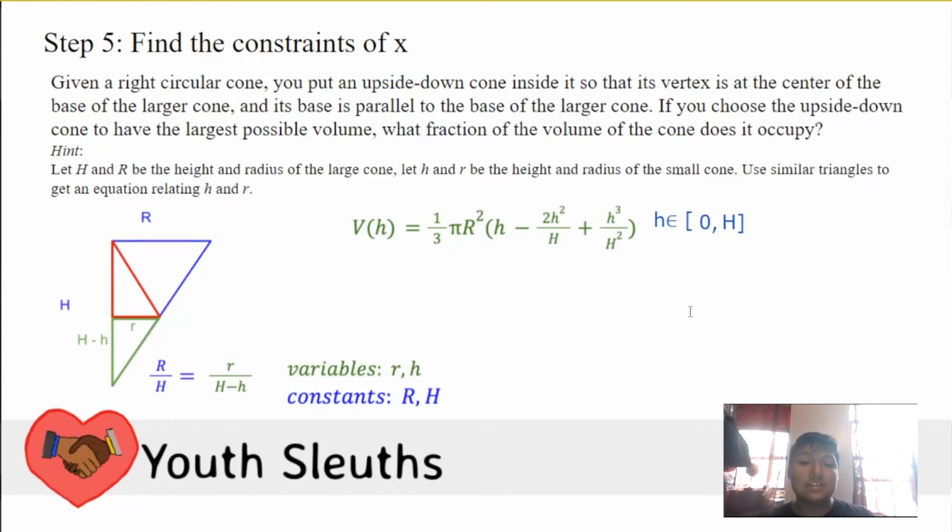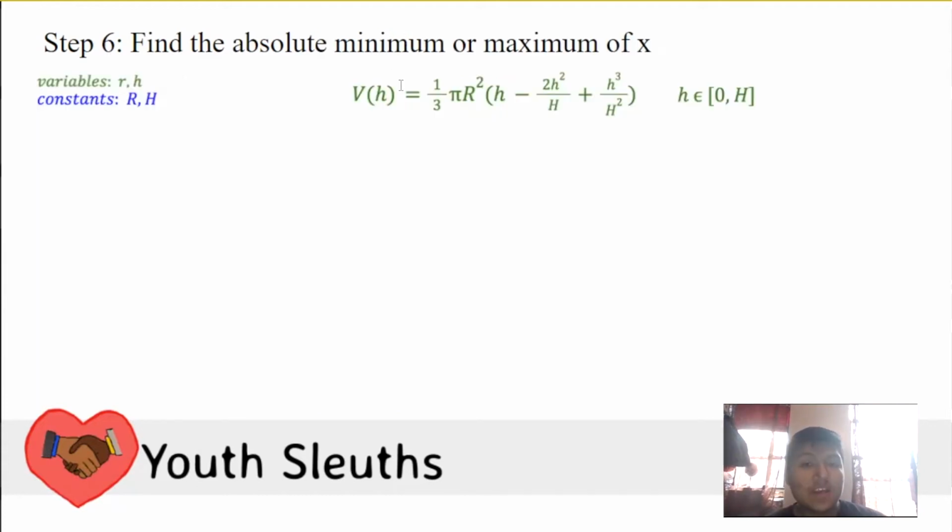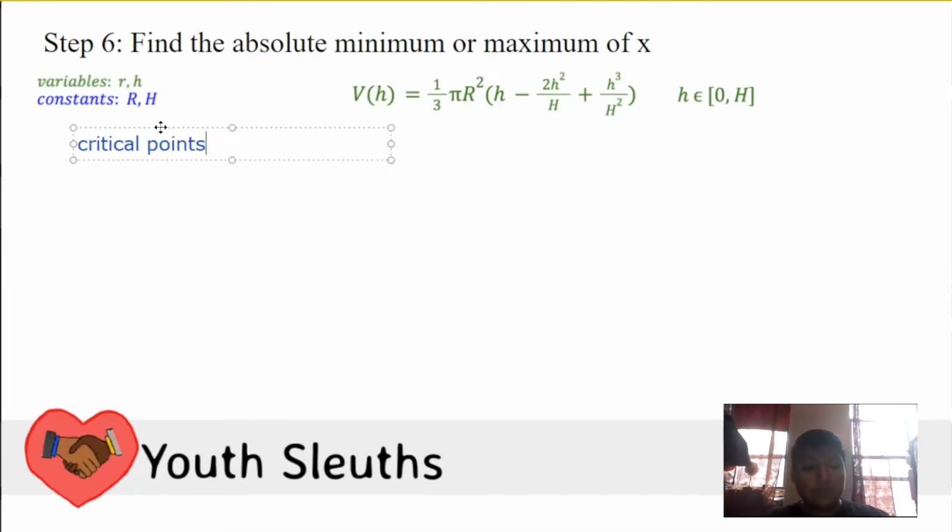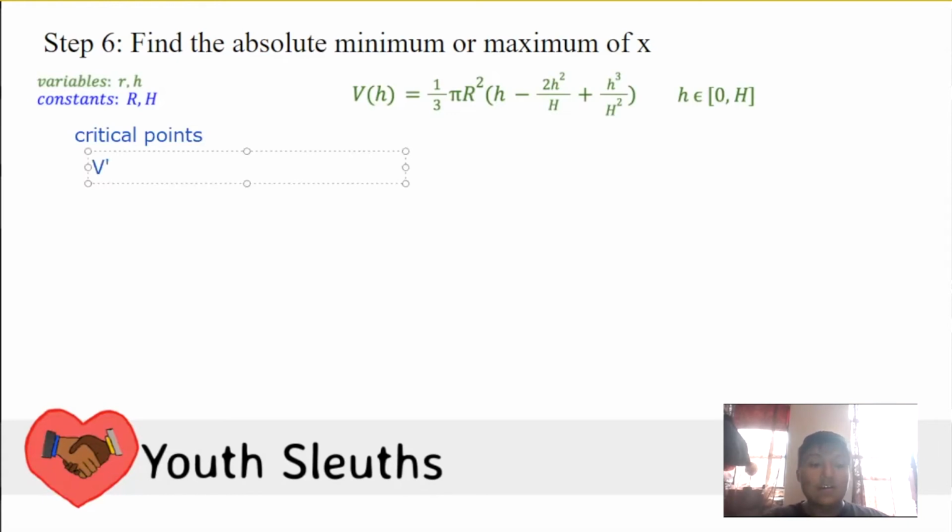So now with this information, we can finally use calculus to find the absolute maximum value for the volume of the smaller cone. So now that we have the equation with only one variable and our constraints, we can begin to find the absolute maximum. The first part is finding the critical points. In order to do that, we have to find the derivative of v of h.